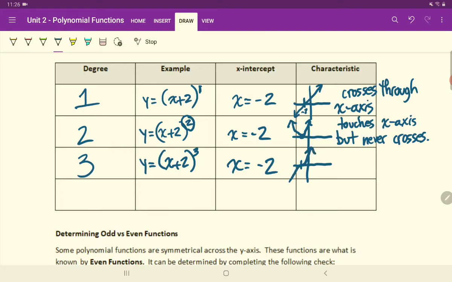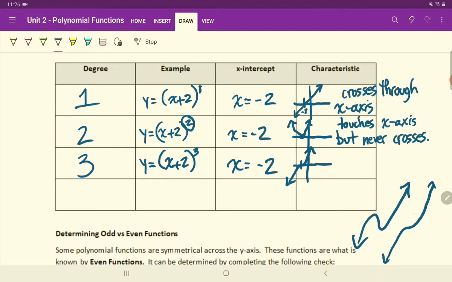You know how the cubic function does that little weird thing in the middle, where it kind of turns directions? Well, instead of turning directions, it actually goes through our x-axis, still at -2, through a point at -2 and then continues in the up direction. So instead of doing something like this, it's doing something like this.